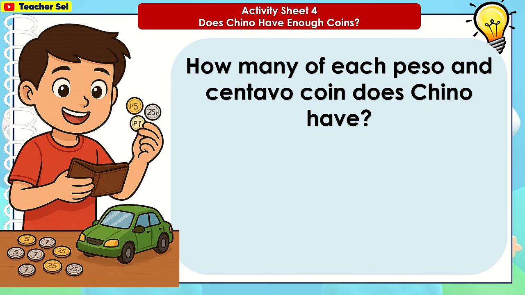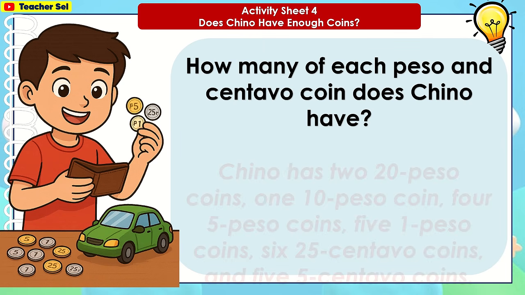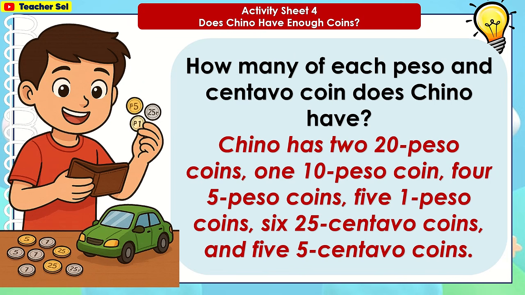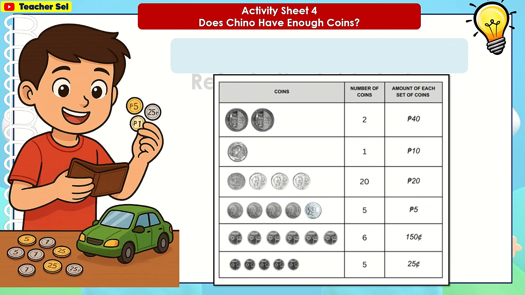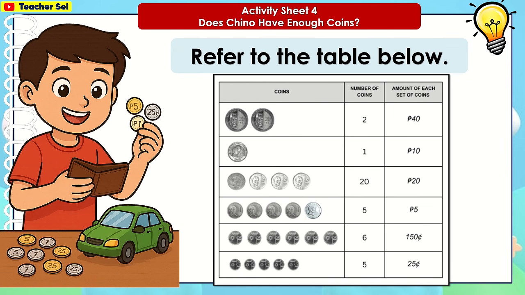How many of each peso and centavo coin does Chino have? Chino has 2 20 peso coins, 1 10 peso coin, 4 5 peso coins, 5 1 peso coins, 6 25 centavo coins, and 5 centavo coins. Refer to the table below.